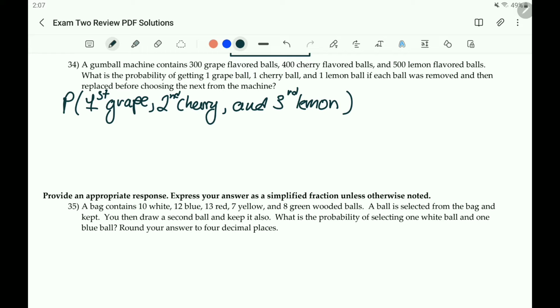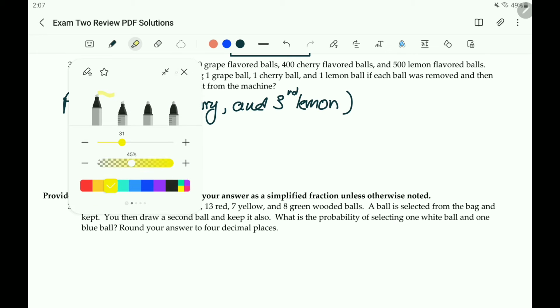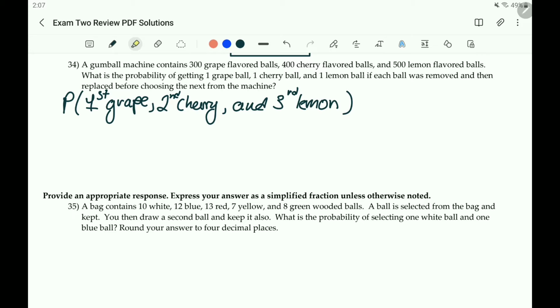We can use the multiplication rules of probability when you have two or more events happening in a sequence. Now look what it says here. If each ball was removed and then replaced before choosing the next from the machine, that indicates that the balls are replaced. There is replacement.